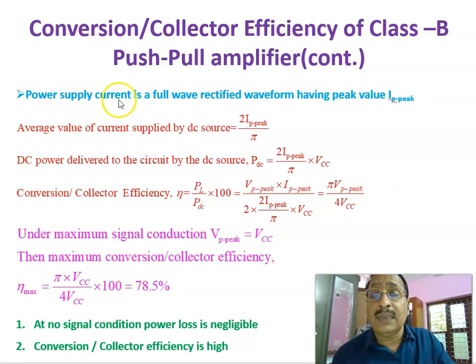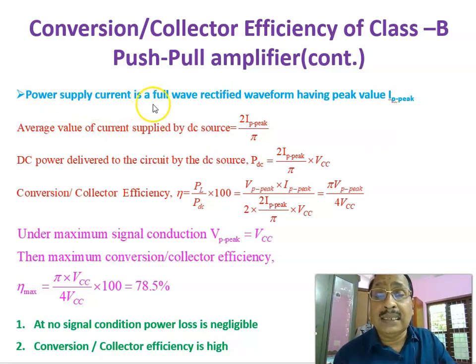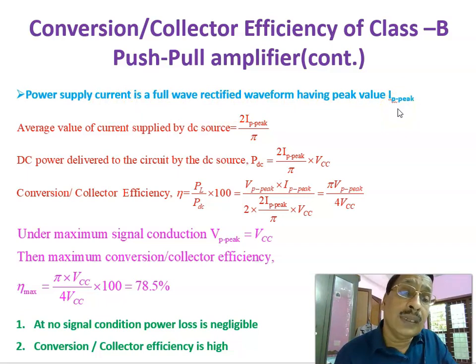The power supply current is in a full wave rectifier form, because the current from the input DC supply is as shown in the waveform here. Therefore, the power supply current, as in a full wave rectifier, has a peak value of IP peak.